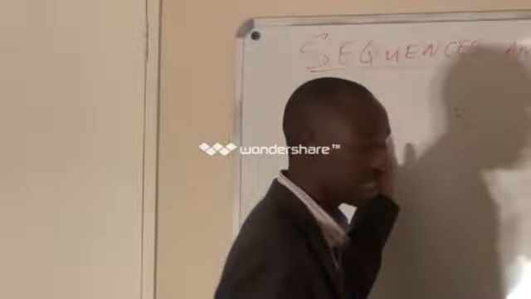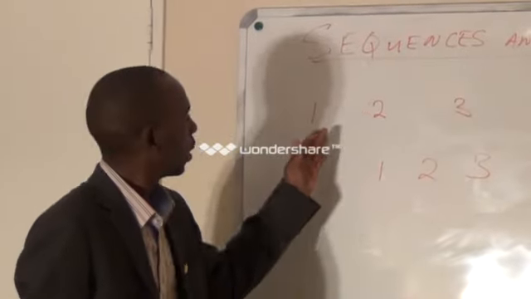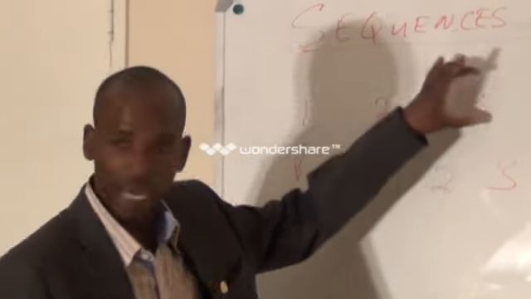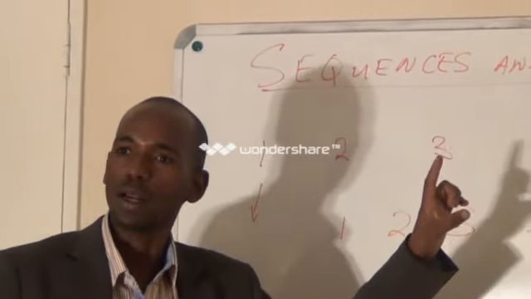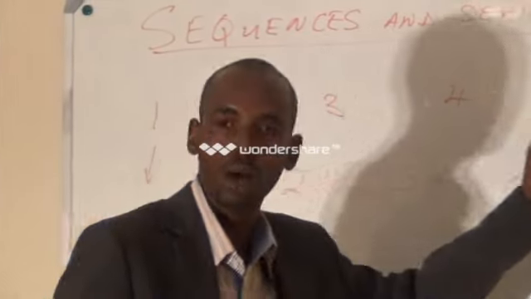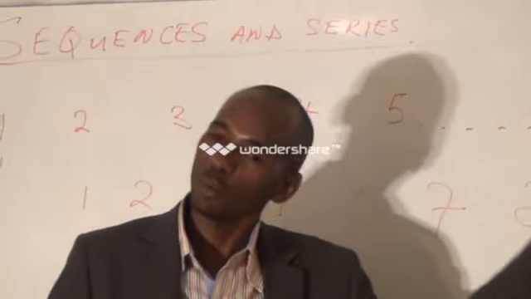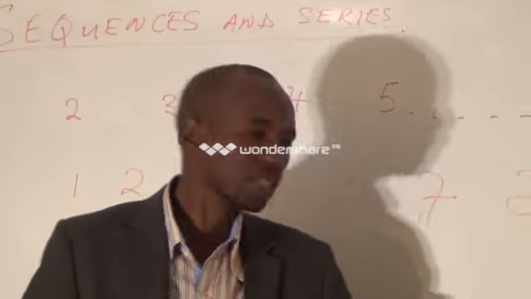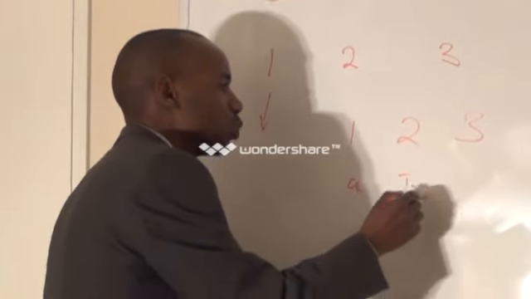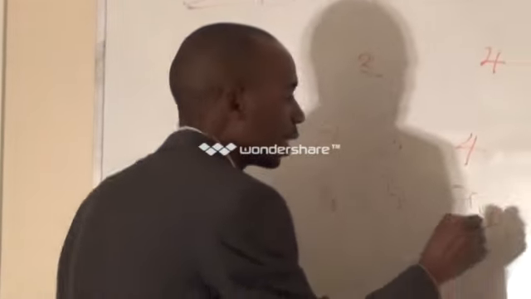In this case, it was easy because we could see what this person is doing. To move to the next term, they're essentially adding 1. And they get the next term. And it's consistent throughout. So we have a pattern. In this case, let's look at this one. When I look at the first 4 terms, remember this becomes our T1 or A, this becomes T2, this becomes T3, this becomes T4.